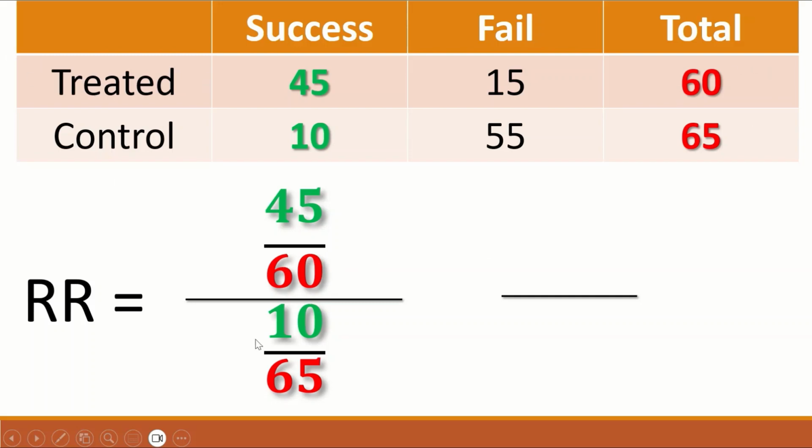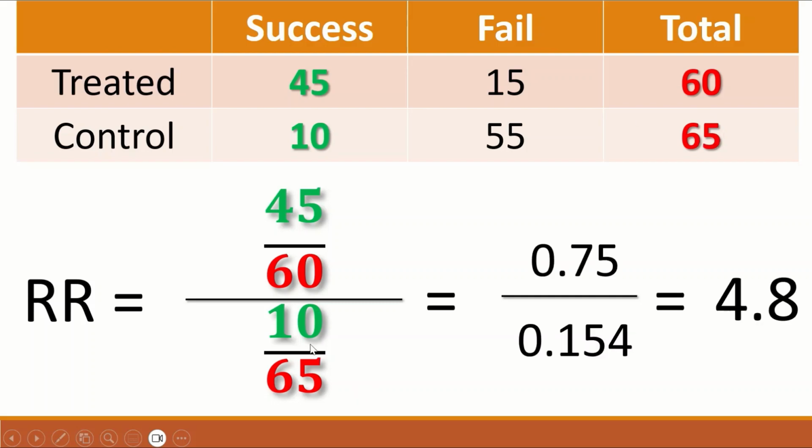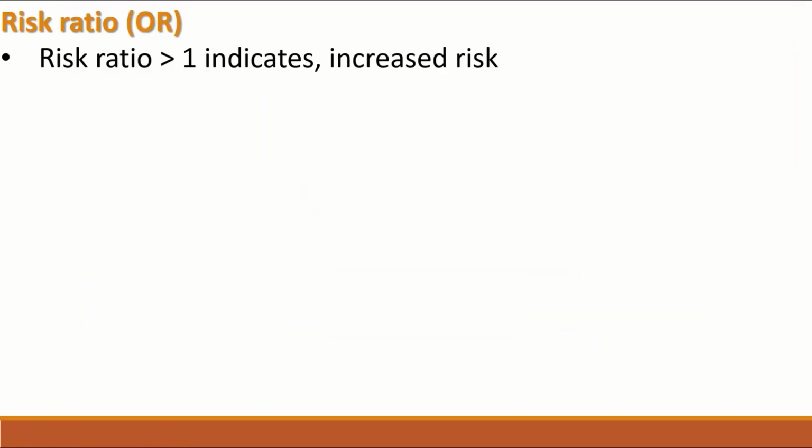And for the control, the number of cases is 10 divided by the population size at risk, which is 65. Once we divide this all together, it shows a ratio of 4.8. So there is a risk ratio of 4.8. This is the way to calculate the risk ratio for a binary outcome.